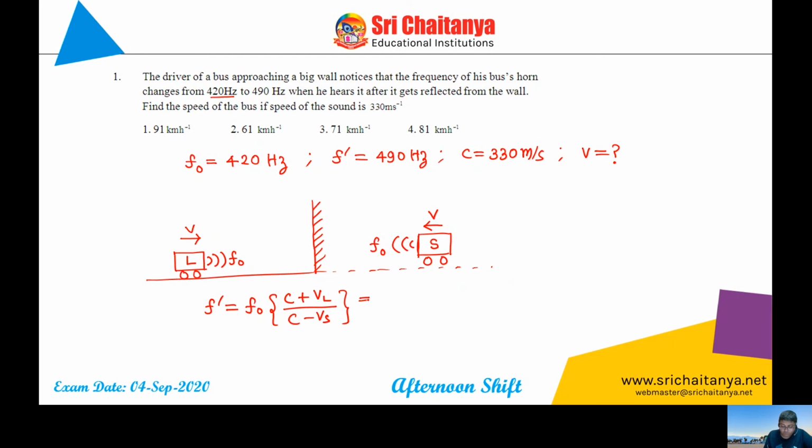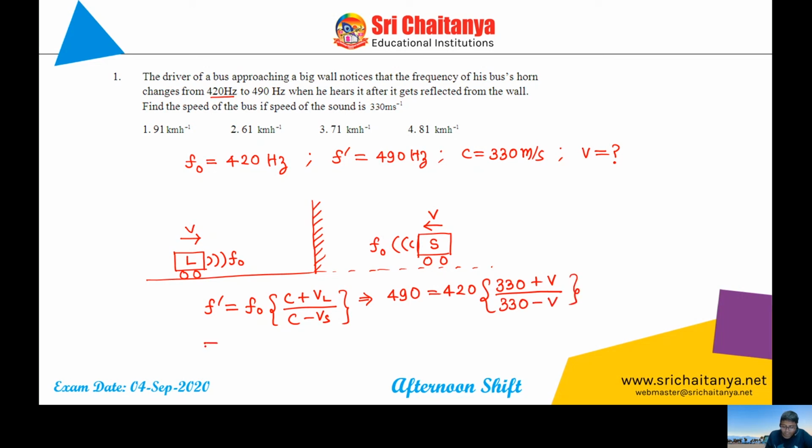And now we just have to substitute the values. So here f dash has been given to us as 490 hertz, and that will be equal to 420 into (330 plus v) upon (330 minus v). c is given to us as 330, and the unknown is v. The speed of the source as well as the listener will be the same.